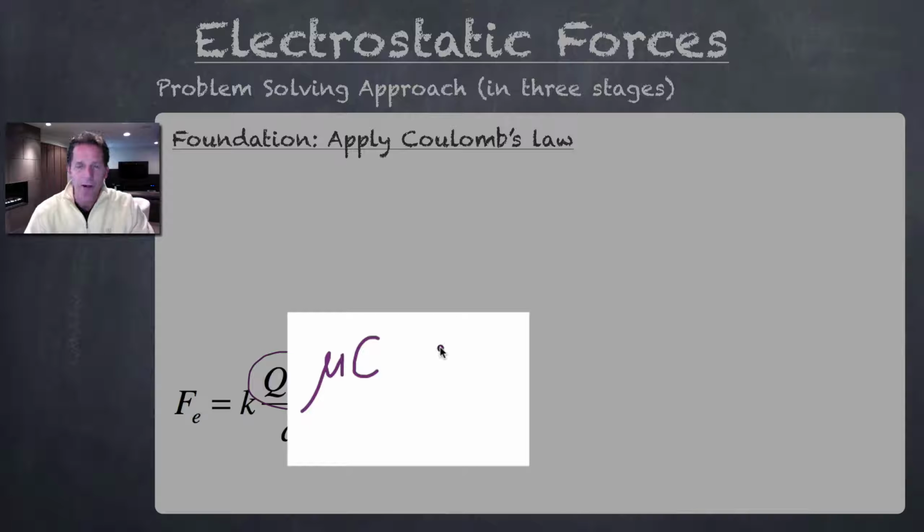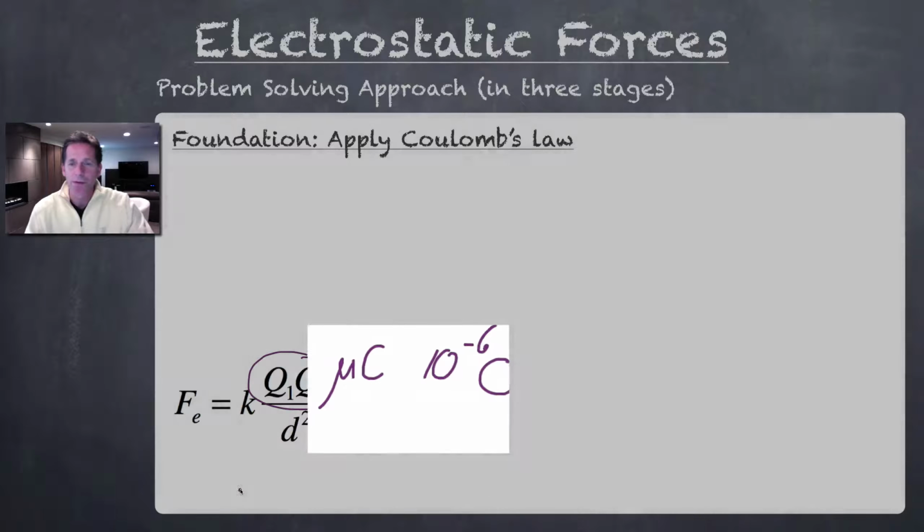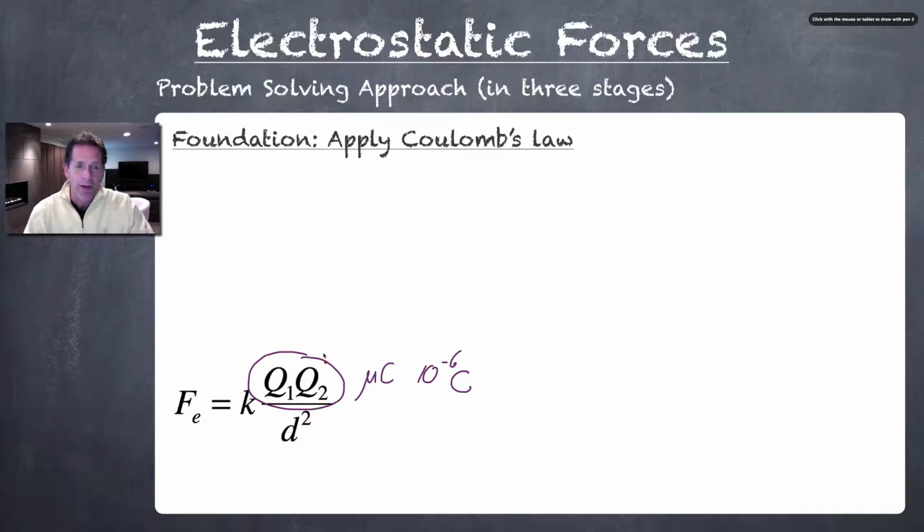And remember, micro is 10 to the minus 6. So 1 microcoulomb is 10 to the minus 6 coulombs. The other thing, D stands for the distance between the center of the 2 charges, measured in meters. And third, K stands for Coulomb's constant, which is 9 times 10 to the 9th. So bring that to bear as we're problem solving with electrostatic forces.